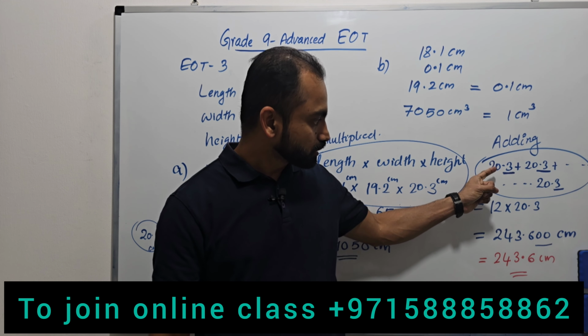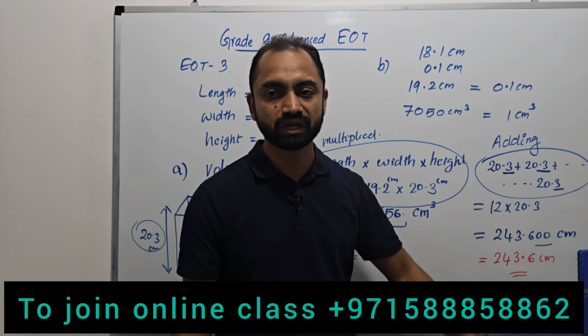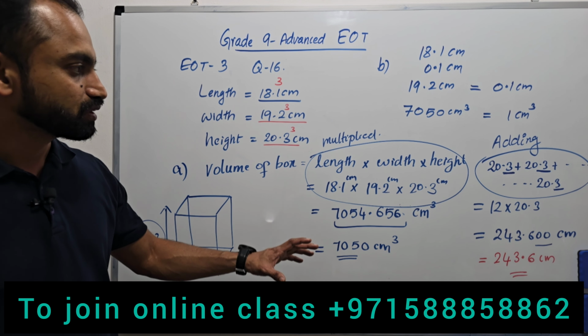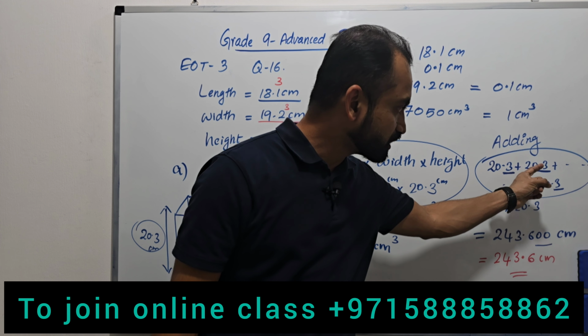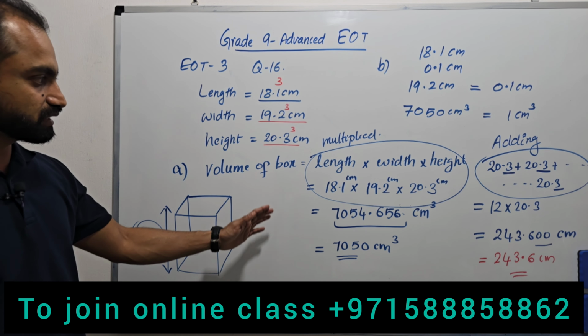Then our measurement and our calculation is correct, because in the numbers we are adding, the smallest number of decimal places is 1. So our answer should also have only one decimal place.